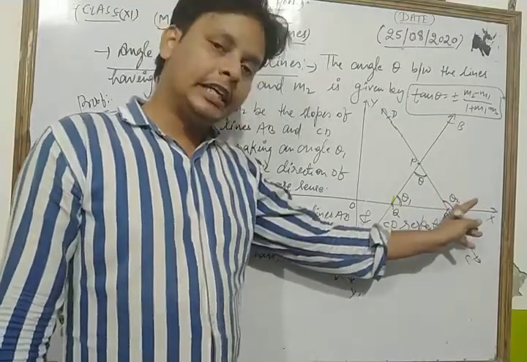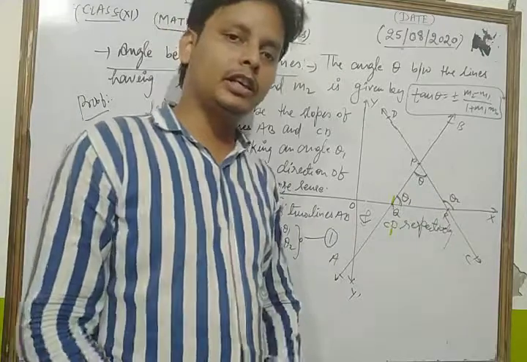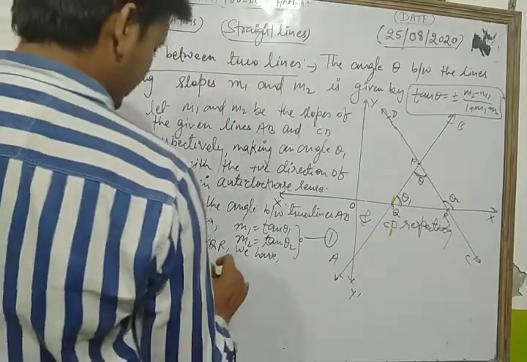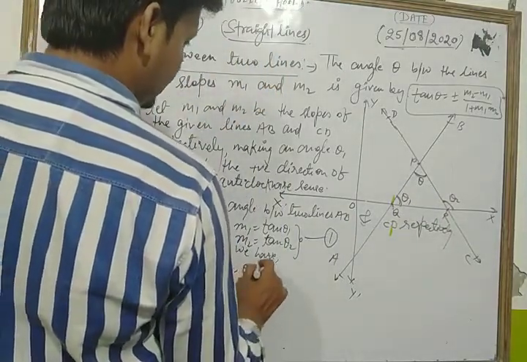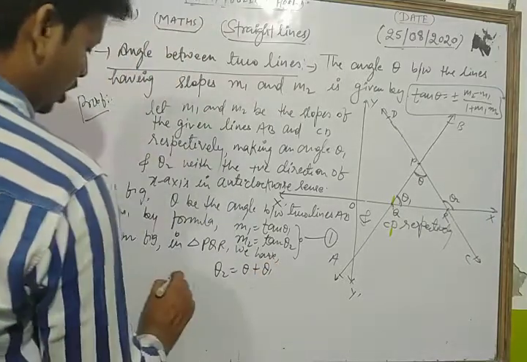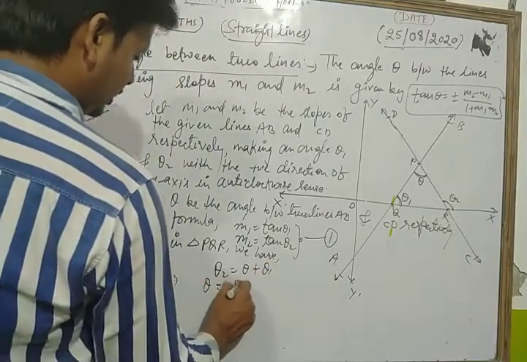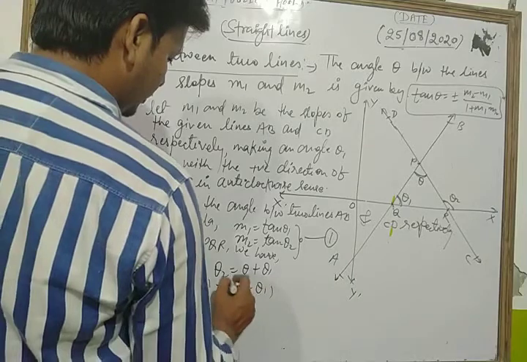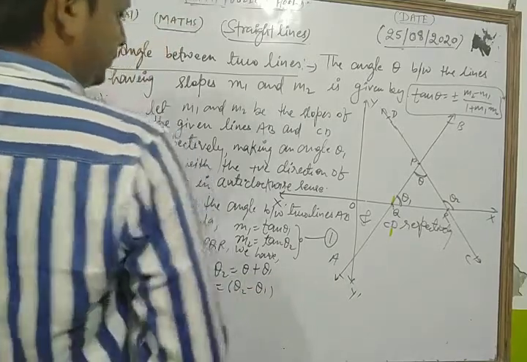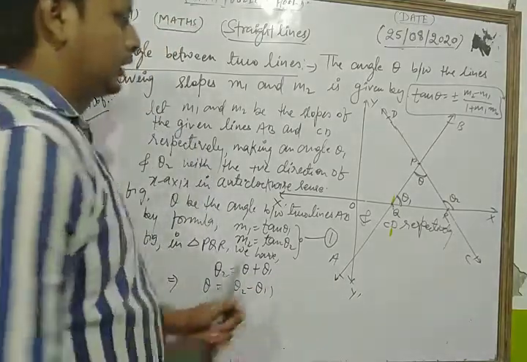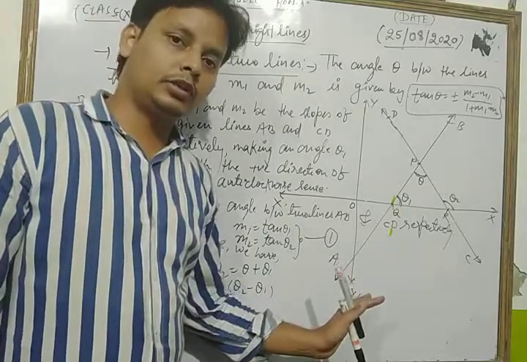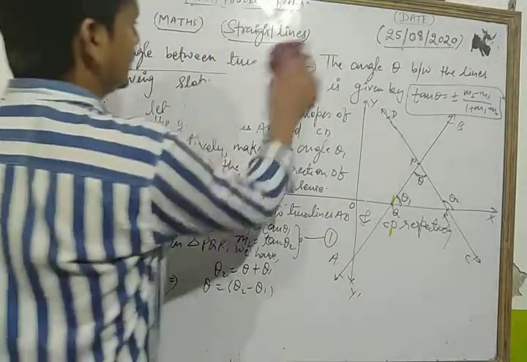So we have theta 2 is equal to theta plus theta 1. Now we get theta is equal to theta 2 minus theta 1. Now clear, dear students? Let's see.